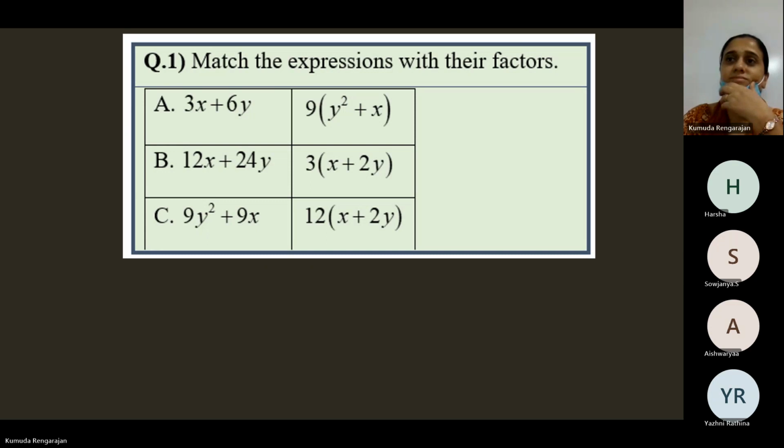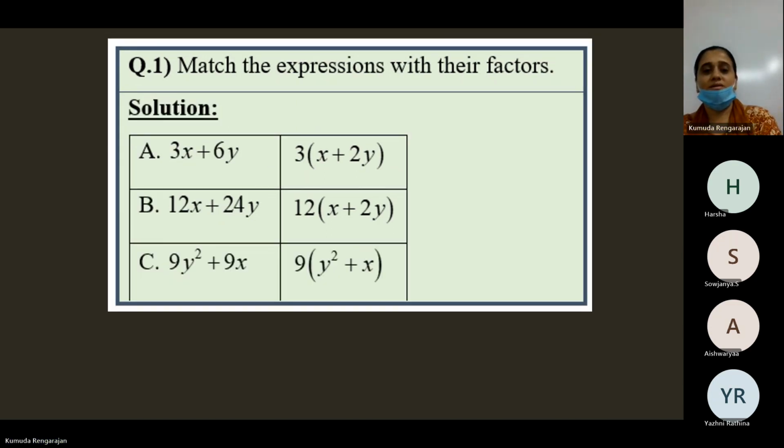You've matched A with 1, 2, or 3? A with 2. Correct. B with 3. And C with 1. Very good. So these are the correct ones.